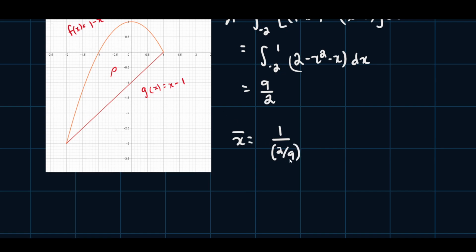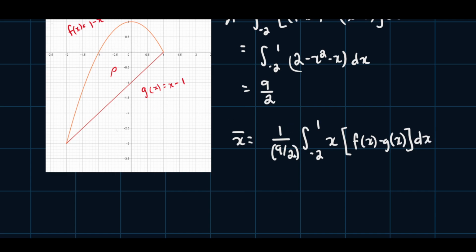Na-reciprocal ko na. 1 over the area times the definite integral from negative 2 to 1 ng x times f of x minus g of x dx.